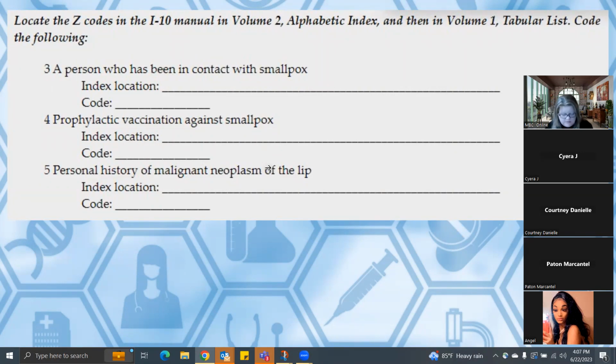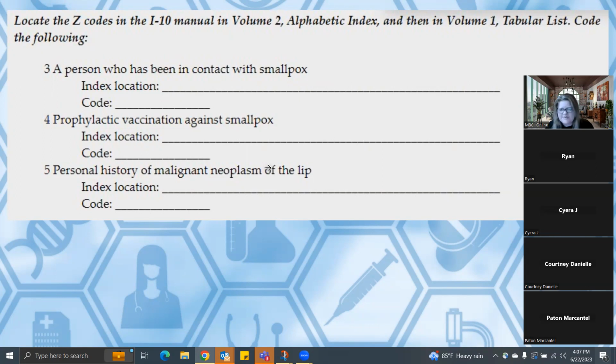All right. Z20, you said 0.89, right? Correct. Contact with and suspected exposure to other communicable diseases. Well, that doesn't really fit, because you see the purple highlight that says other?